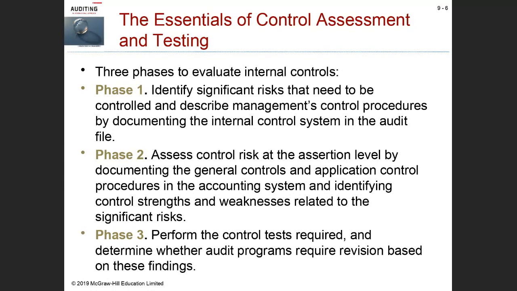Essentially, phase one is identifying the internal controls that exist that relate to the assertions in the financial statements. Then we want to assess, once we know what the controls are, what's the risk for each of the assertions that the controls will work or not work.